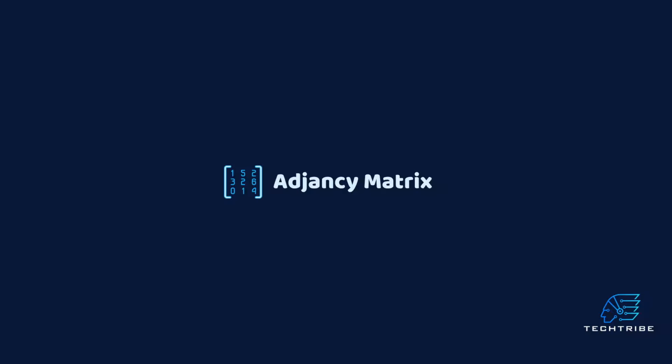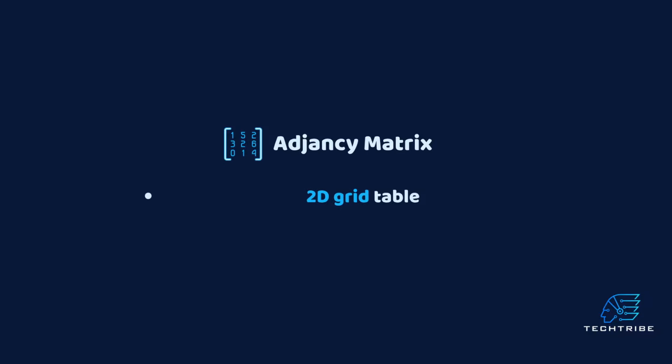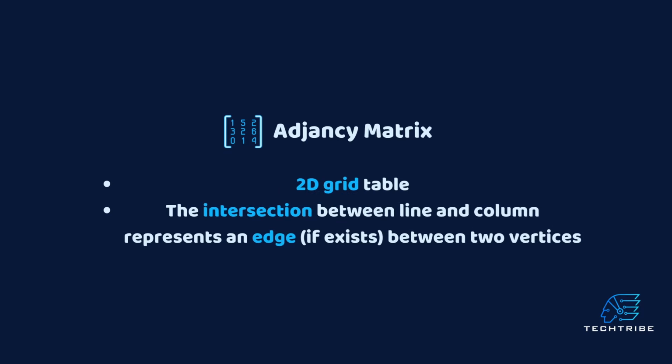This approach doesn't need context because it defines the vertices and the edges. Think of it like a 2D grid table where each cell tells you if two vertices are connected. That means that an intersection between a row and a column represents whether there exists an edge between two vertices.